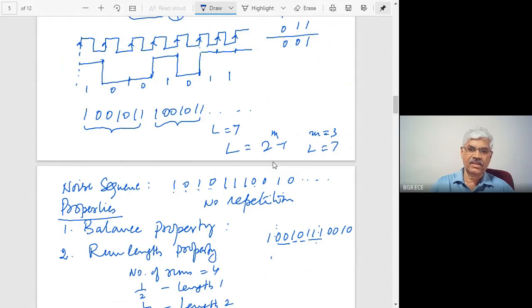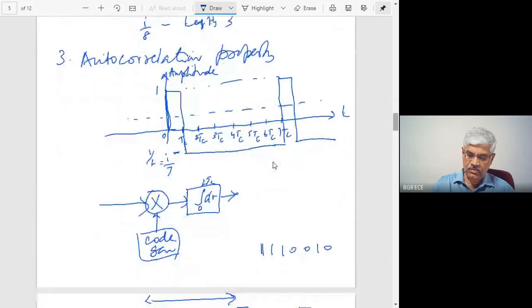If it repeats, then there will be another output. Whereas for a noise sequence, as you might already know, the autocorrelation will be like this. It will never repeat. Whereas this is a periodic sequence, therefore this peak is repeating again and again. But it has the randomness property.